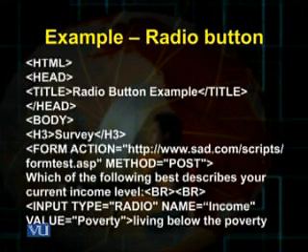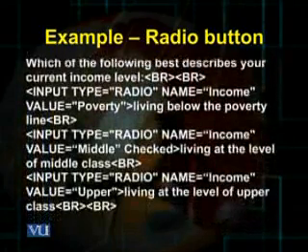There are two break tags which would cause a line break, a line space, and then there would be the input tag, input. You can see I have kept the type as radio, and then name equals income, value equals poverty, and then I have written the words living below the poverty line.